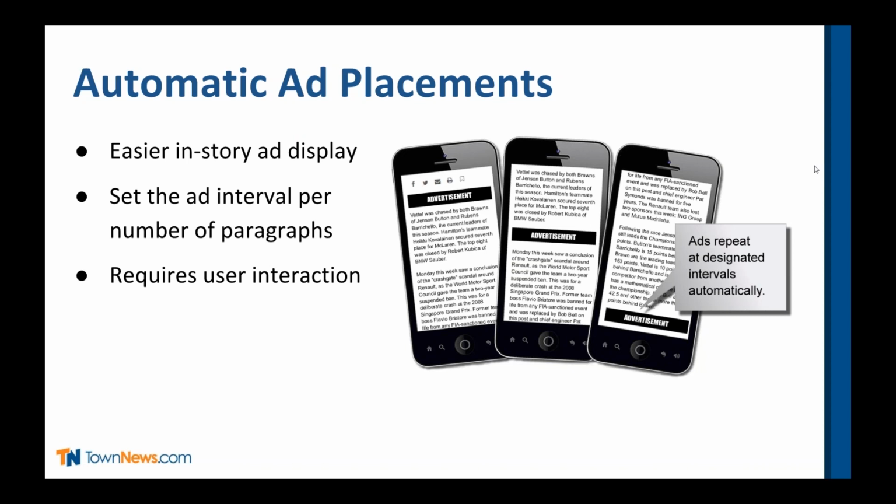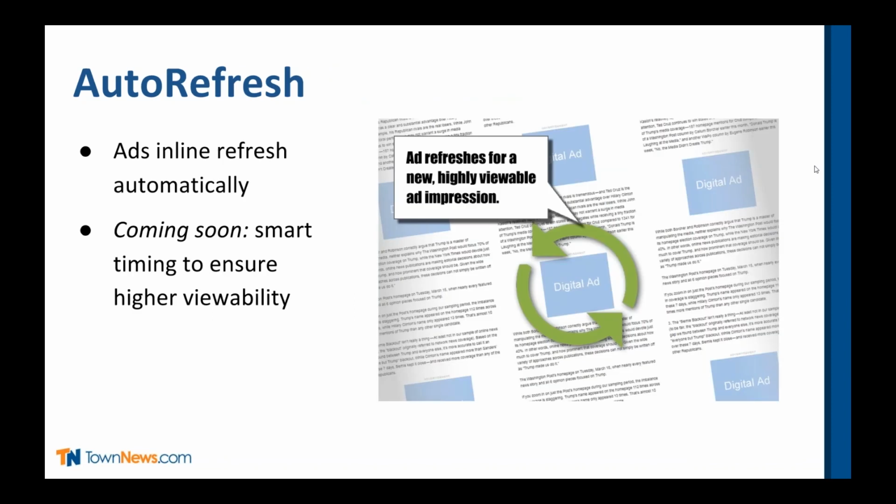If there's only 2 paragraphs, you're only going to have 1 ad. So we actually have a better algorithm for how to deal with ad positions in short stories as well. So that's a good thing to note, that as you're looking at this, we're thinking about all those things as we're implementing these new features.